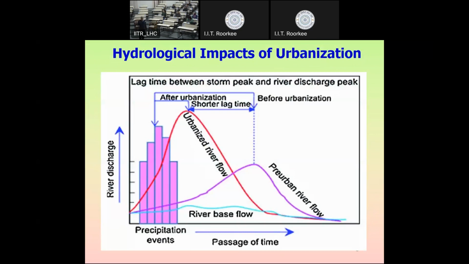Here on the x-axis we have time, the y-axis is river flow, and these blocks that you see here represent precipitation events or rainfall. So this rainfall is leading to some river flow.